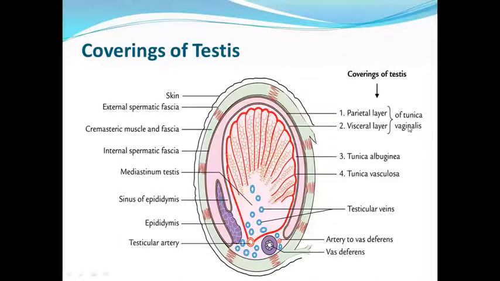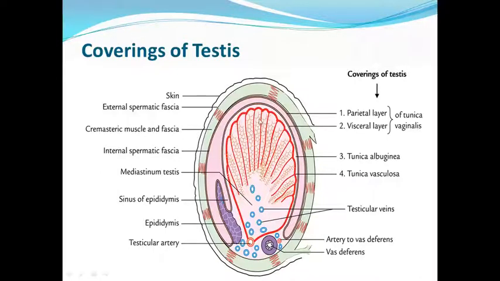So this is the parietal layer, and this is the visceral layer of the tunica vaginalis. When we talk about clinical anatomy of the testis, we will study hydrocele, and hydrocele is nothing but the accumulation of fluid in between that parietal and visceral layer of the tunica vaginalis.